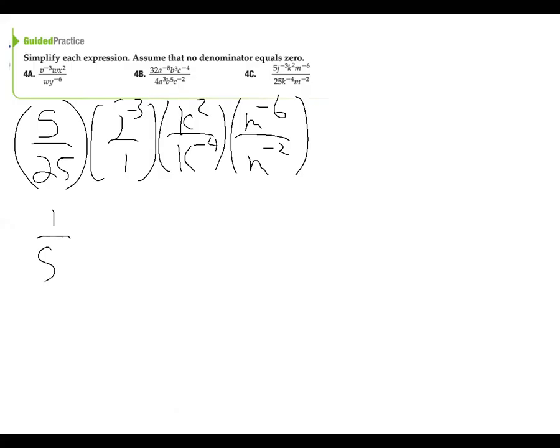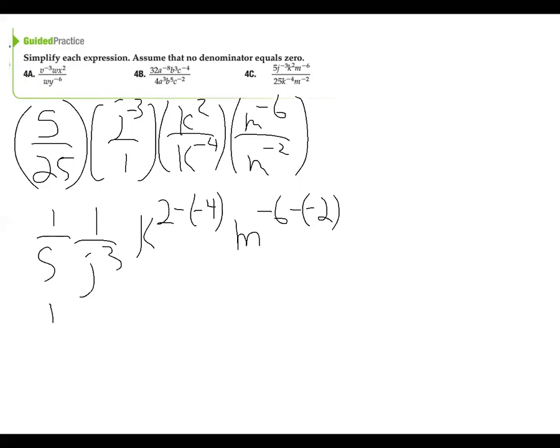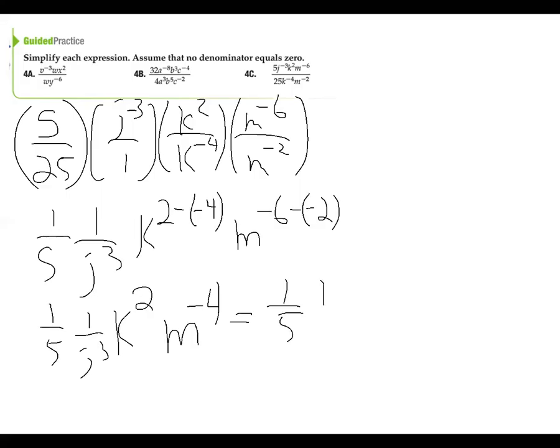I could flip the j over, make it 1 over j cubed, k to the 2 minus negative 4, and m to the negative 6 minus negative 2. So I'd have 1 over 5, 1 over j cubed, k to the second, m to the negative 4, which would be 1 over 5, 1 over j cubed, k squared, 1 over m to the 4th.